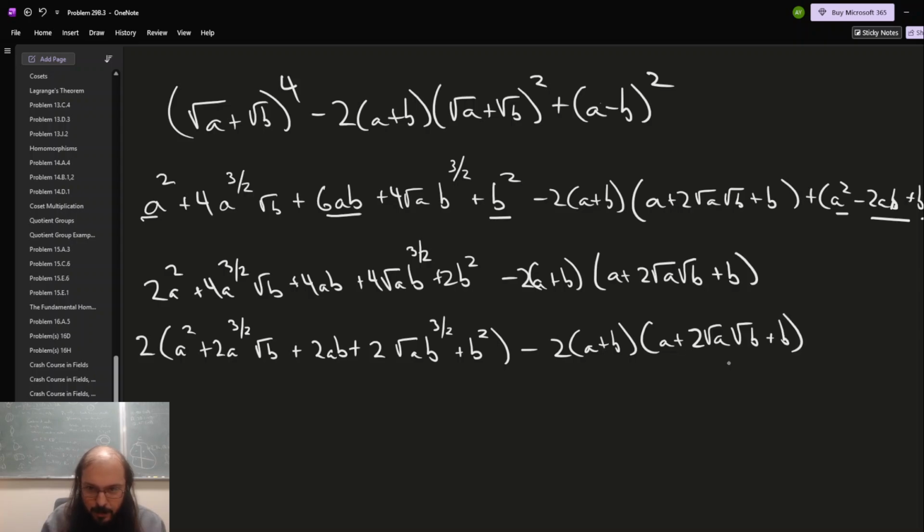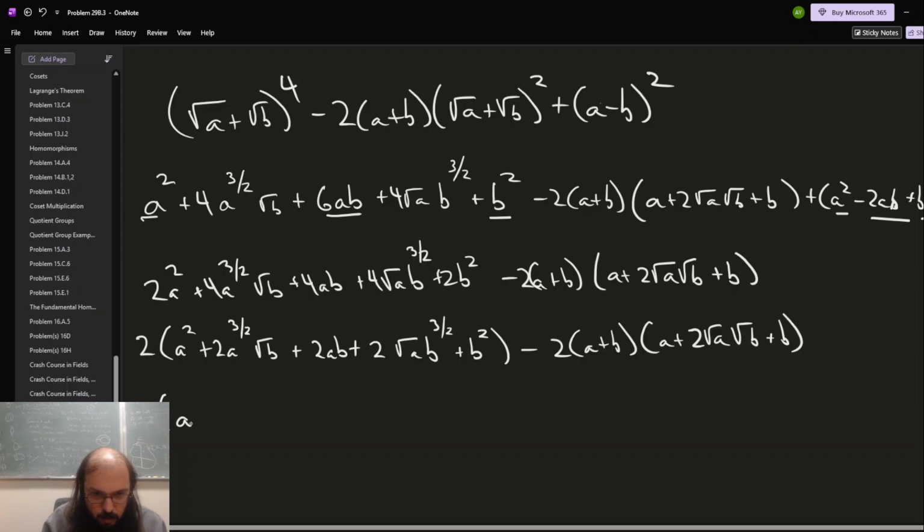All that stuff stays the same. Now let's see if we can do some factoring by grouping. It's our favorite thing. I'm pretty sure I can. Let me check a little bit further. I feel good about this.